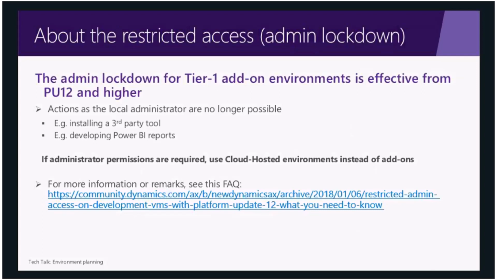If administrator permissions are required, you should use the cloud-hosted environments. It's the same thing, for example, when you want to develop Power BI reports, or when you're going to do retail development, and you may need, for example, Fiddler or such tools, go with cloud-hosted.